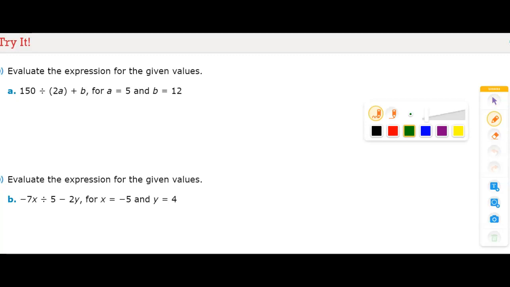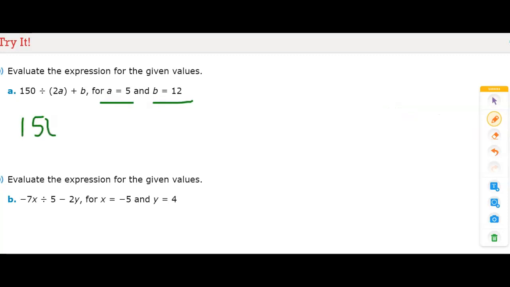So 150 divided by 2A plus B. A is equal to 5. B is equal to 12. So 150 divided by 2 times 5 plus, I'll make those brackets, plus B, which is 12.